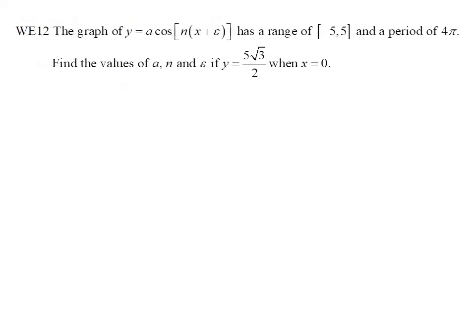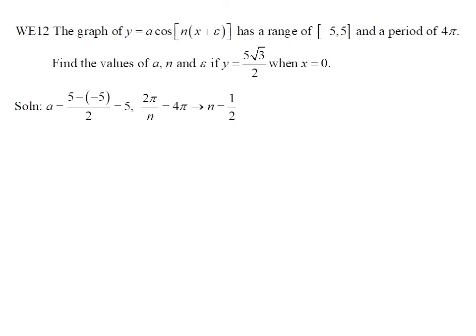Example 12 provides a cosine function with parameters a, n, and epsilon. The function has a period of 4 pi and a range between -5 and 5. Both endpoints are inclusive. It is also given that when x equals 0, the function equals 5 square root 3 over 2.